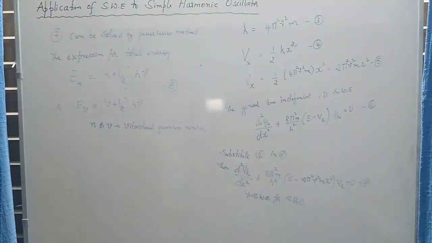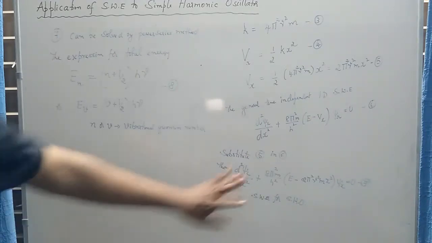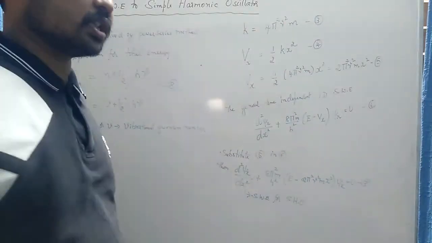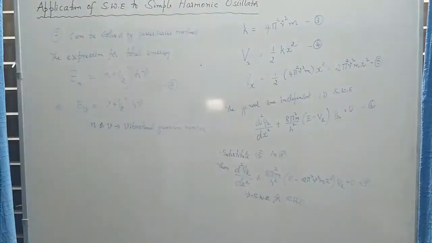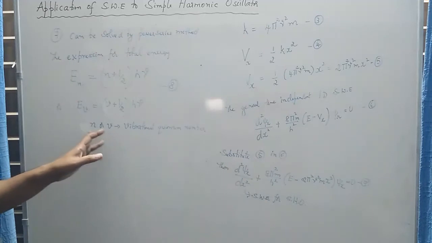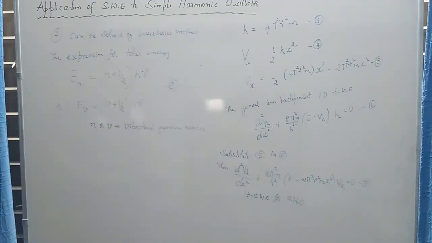And why does this quantum number arise? The quantum number arises because of the boundary conditions. So here also we are applying certain boundary conditions. What those boundary conditions are is not required here. Because of some boundary conditions applied while solving these equations, it resulted in this quantum number, which is called the vibrational quantum number.